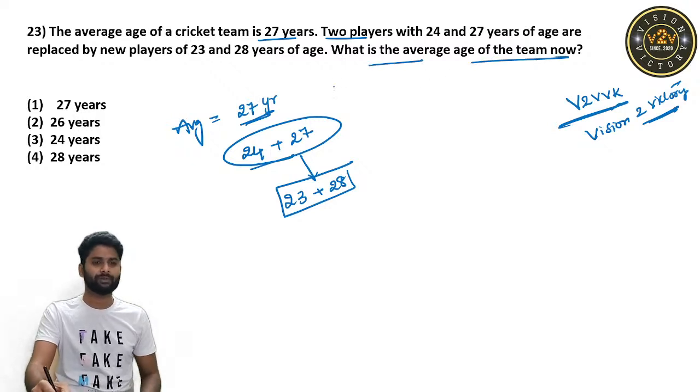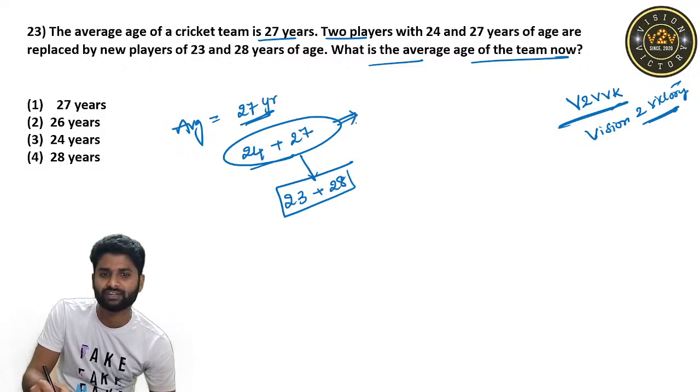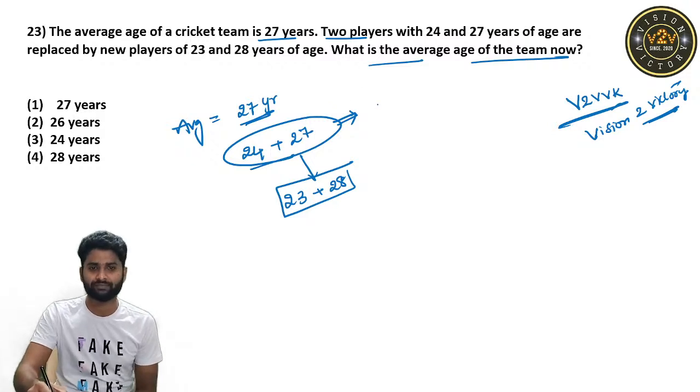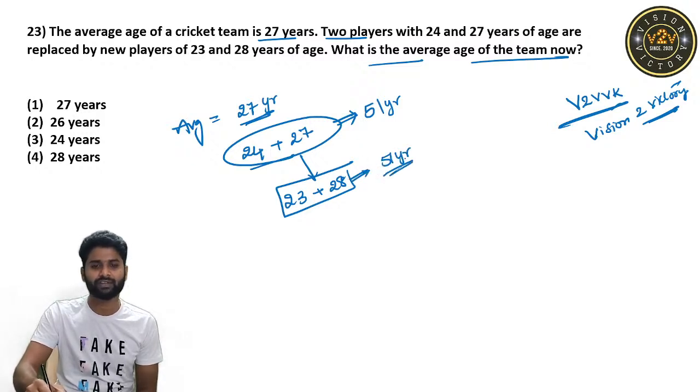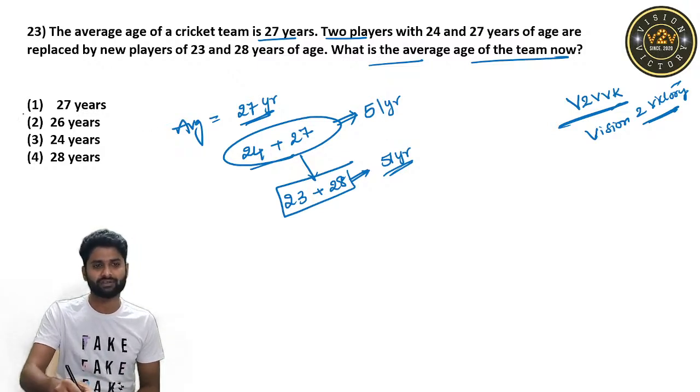Guys, we don't know how many people are there. If you calculate their average, the average becomes 27 years. So here 27 and 24, if you go through the sum, the sum of their ages is 51 years. And these 51 years should be replaced with 51 years. So there is no change in the sum, which means there is no change in the average also.